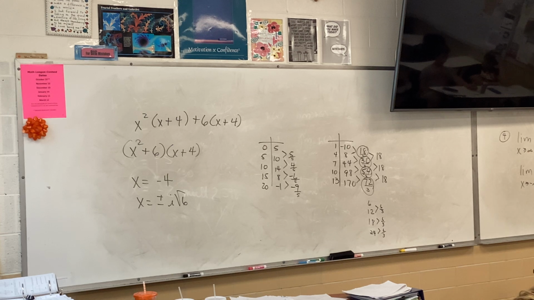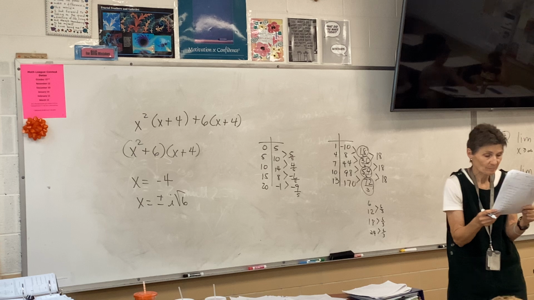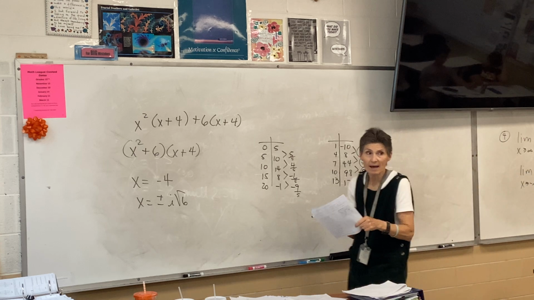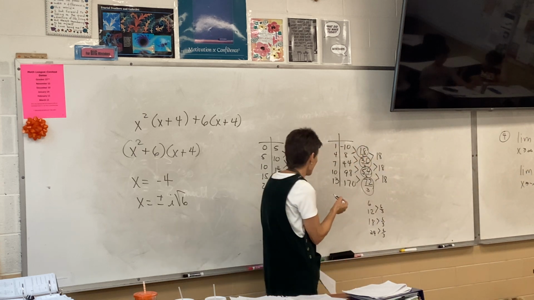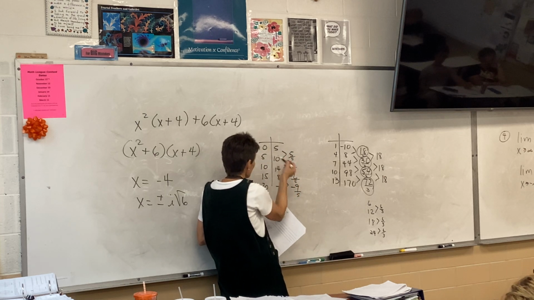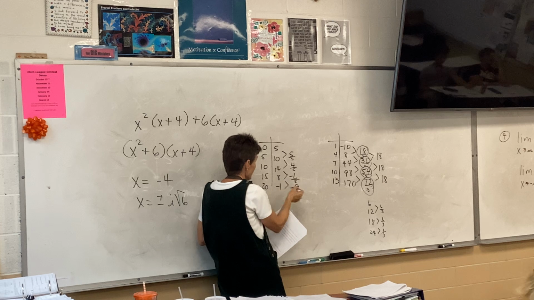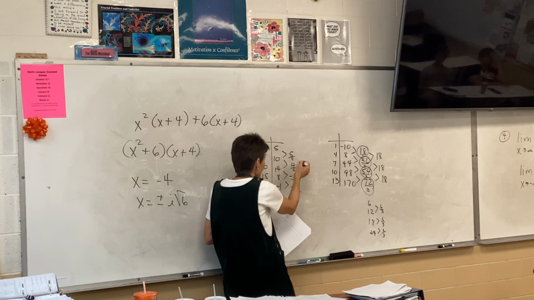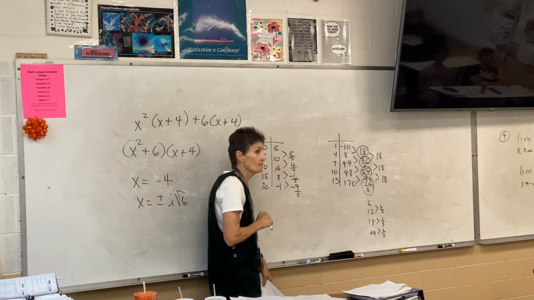What did you decide with 14? Now this is all about concavity, so I have to look at the rates of change. So here are my rates of change: 5 over 5, 4 over 5, negative 6 over 5, negative 9 over 5. What's happening to those numbers?